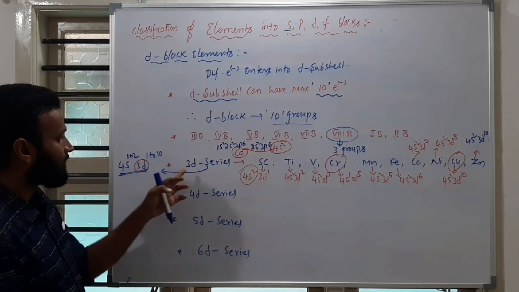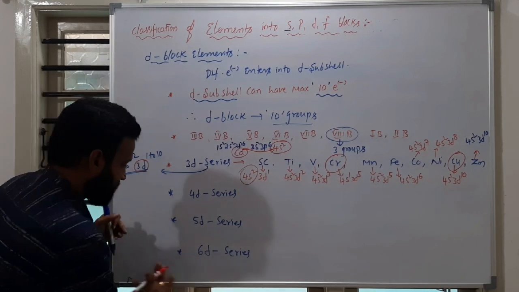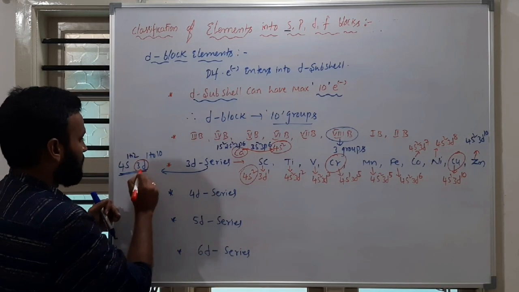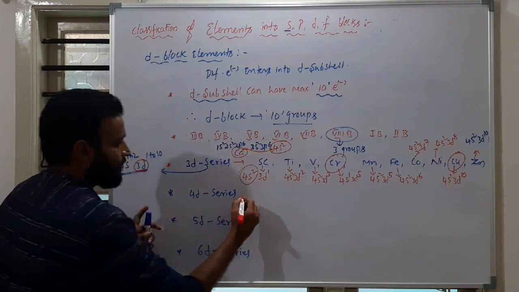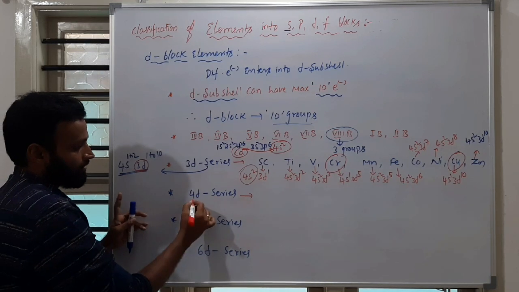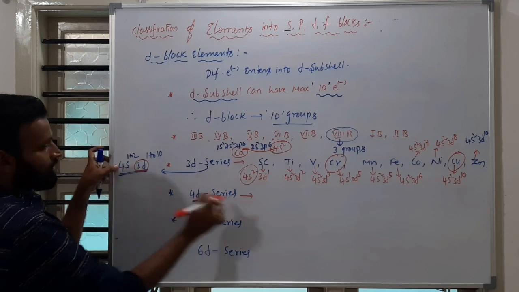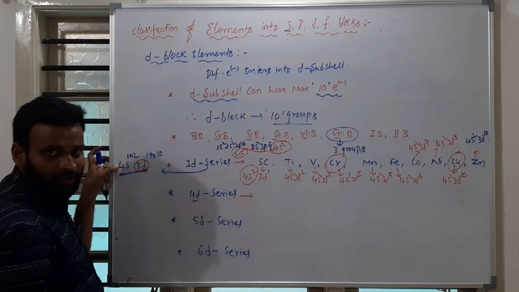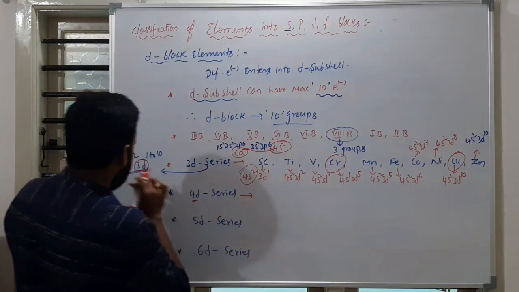These d block elements we are studying as 3d series, 4d series, 5d series, 6d series, because the differentiating electron enters into a particular subshell, 3d. Why are these called 4d series? Now you can say the configuration, because the last electron enters into the 4d subshell. So by observing this, can you write the 4d series general electronic configuration?